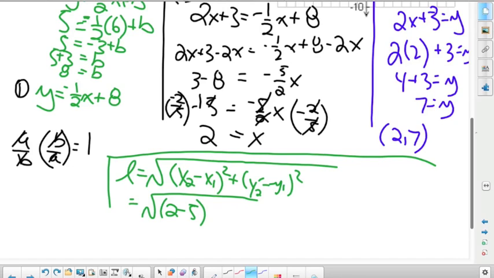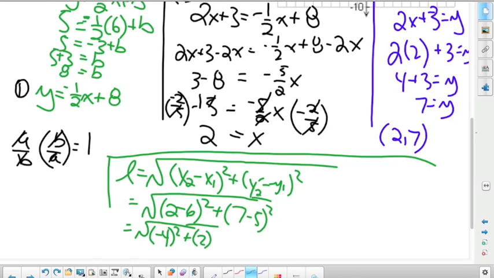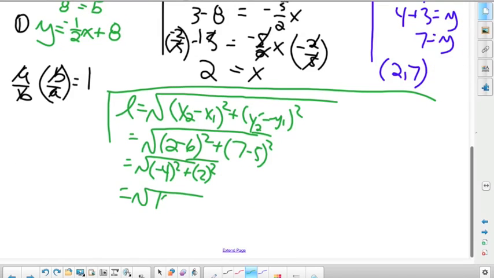What were the coordinates? 2 minus 6, 7 minus 5. So that's the square root of negative 4 squared plus 2 squared. So we get 16 plus 4, and we get this answer of square root of 20, which is equal to 2 root 5.